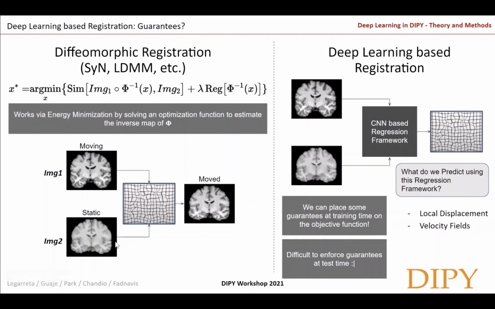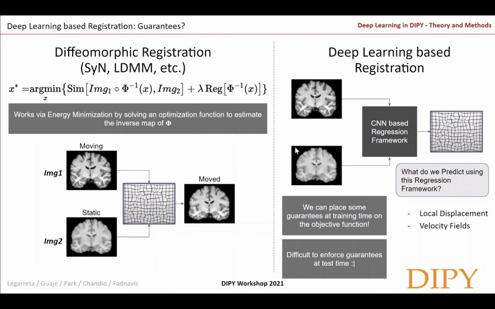For example, if the masks of both the images were poor, or let's say you had parcellated regions of the brain, and then you were trying to register one to the other, the diffeomorphic registration would completely reach out for every possible combination, and you may not get something that's biologically feasible.